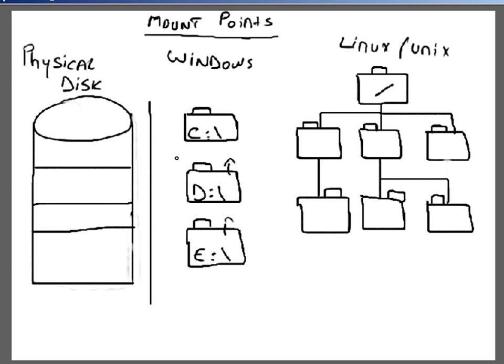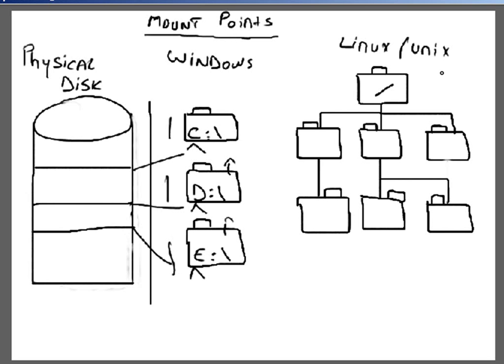You can branch under C, create directories, copy files, etc. Same thing for D, same thing for E, but you can't go a level higher than that. This is the top level root here, here, and here. So what's happening under Windows is that we're divvying up the physical disk into partitions. This partition is assigned to C, this partition is assigned to D, this partition is assigned to E.